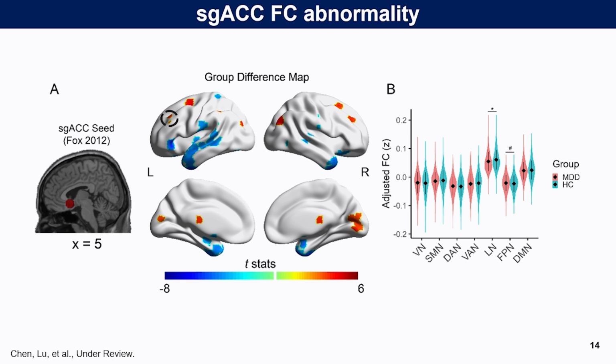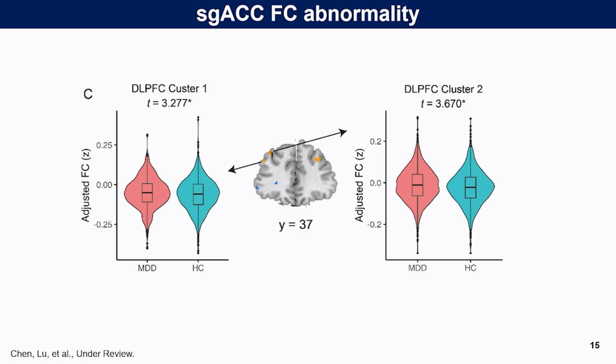You can see these two spots, and we found two clusters. We've also found SGACC connectivity that has lots of abnormality with the hippocampus or temporal areas. And as the literature showed that stimulating DLPFC, we focus our algorithm on the DLPFC.